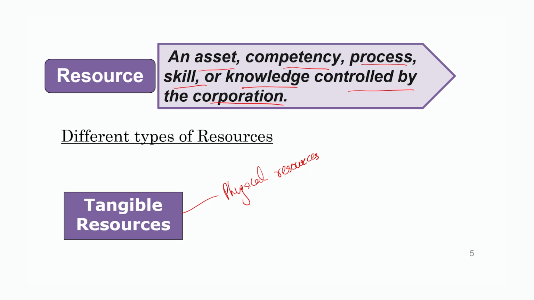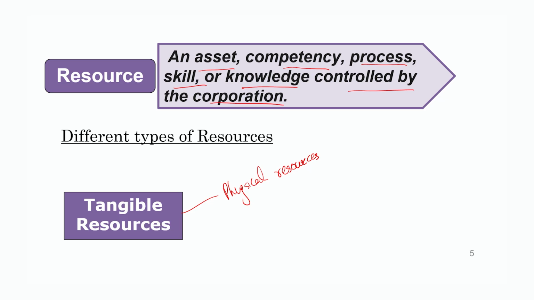There are different types of resources in an organization. The first category is tangible resources. What are tangible resources? Tangible resources are the one which can be seen, which can be felt, which can be touched.